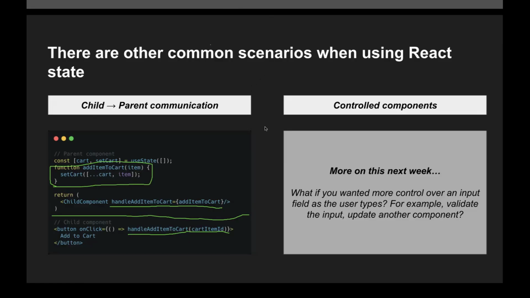Any other questions, at least at a high level, on this child-parent communication, reverse communication? And we'll see a live example of this as well, which should help make this a little bit more clear, hopefully.